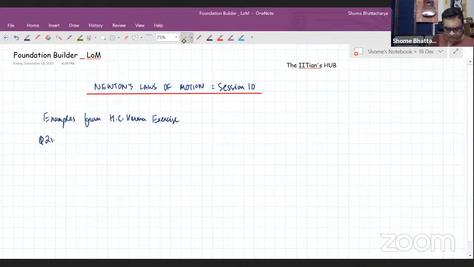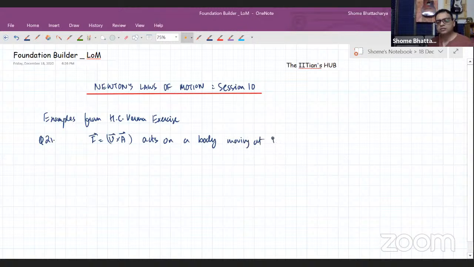So it says that there is a force given by the relation V cross A. Okay, this kind of force acts on a body when it is moving at a velocity V, where A is a constant vector in the horizontal plane.